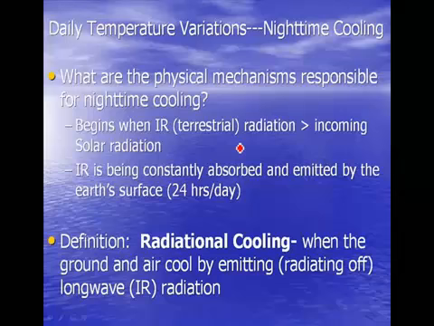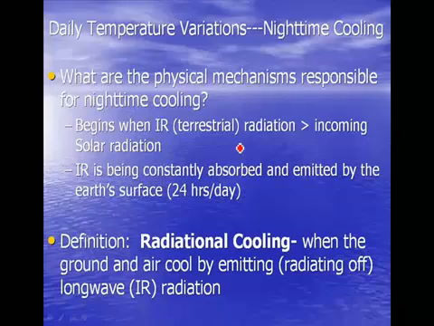Well, we know that when we have more energy leaving the system, in other words, when we have infrared or long-wave radiation leaving the Earth, more leaving than incoming, we will see temperatures cooling. Also keep in mind that infrared radiation is being constantly absorbed and emitted by the Earth's surface 24 hours per day. In most cases, we typically lose more infrared energy than we gain, thus we cool.